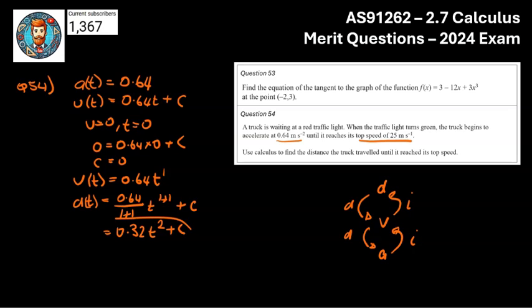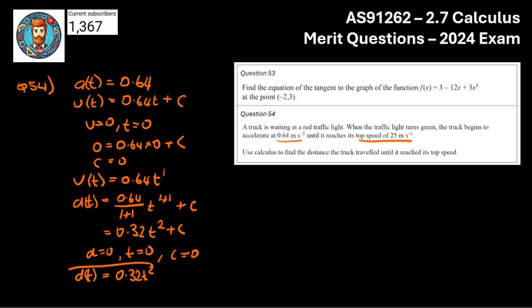And then the same thing again, we need to find c, and at the traffic light, before we even started, 0 time had passed, and we had traveled 0 distance. So we knew that d(0) is 0, and that actually tells us that the constant there was 0 too. So let's just write down my final equation. My displacement in terms of time, 0.32 t squared, and there's no constant there.